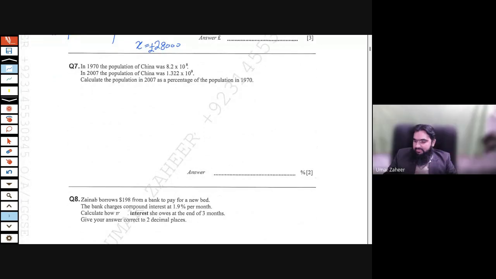Now question number 7. In 1970, the population of China was 8.2 times 10 raised to power 8. In 2007, the population of China was this. Calculate the population in 2007 as a percentage of 1970.